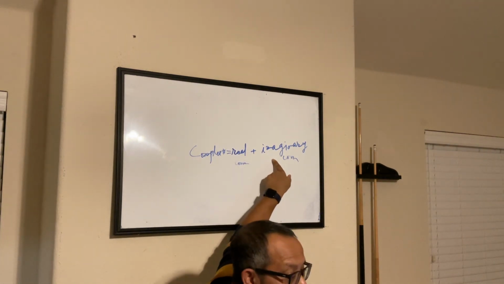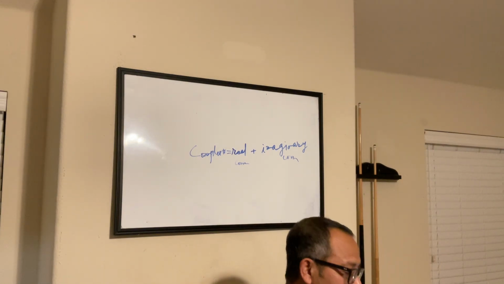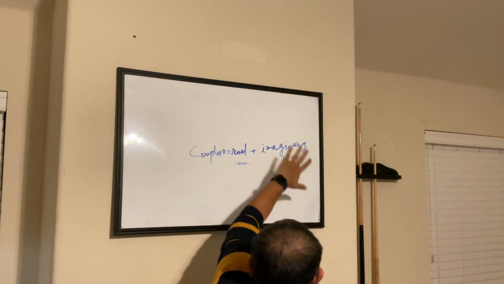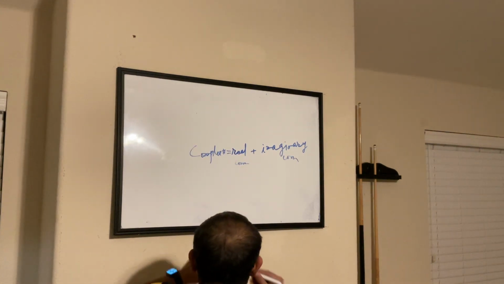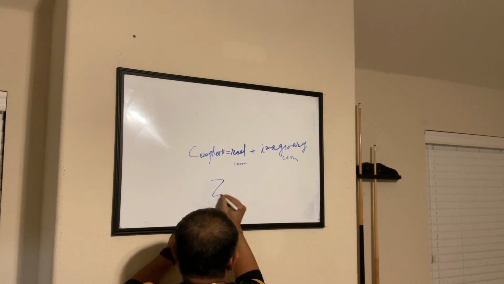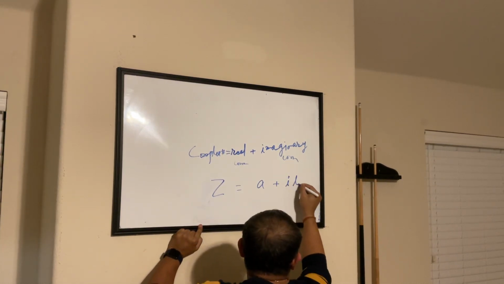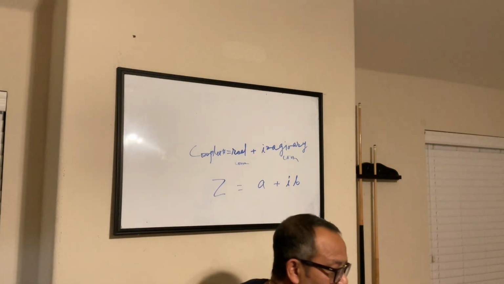The imaginary part we learned by dealing with the square root of a negative number. So essentially, to define a complex number, let's say we call it C or Z, it is given a standard form: A plus iB, or Bi, whatever you call it.